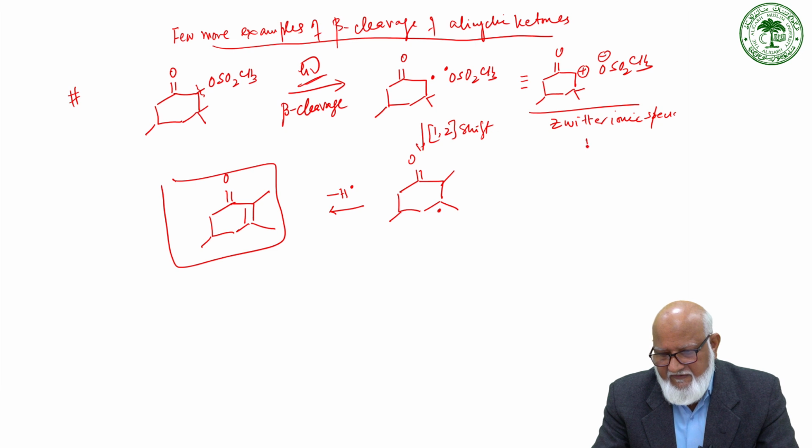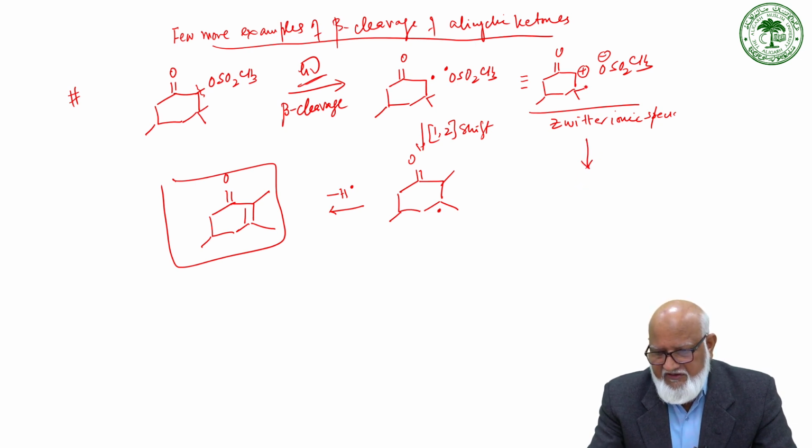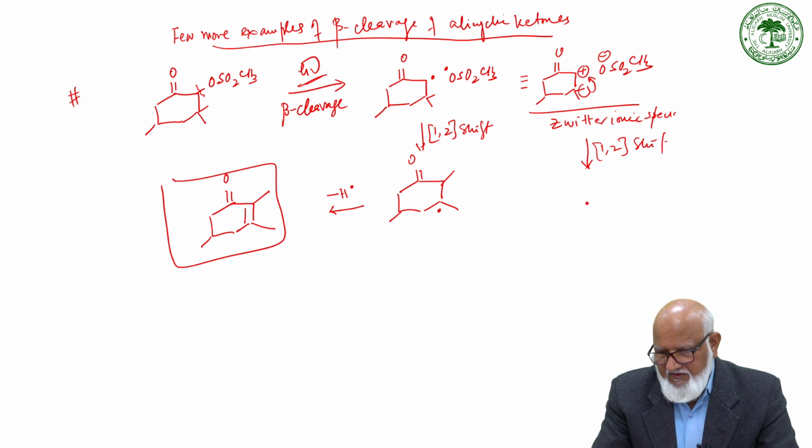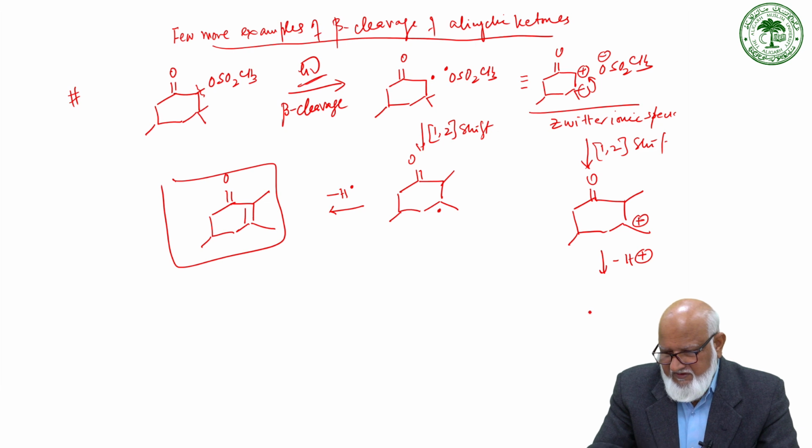So if this species is operating, then we expect a methyl group 1,2 shift to get a positive charge here, and then this will lose H plus to give an alpha beta unsaturated ketone.